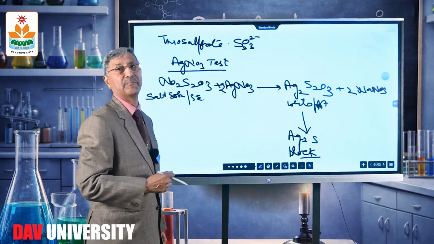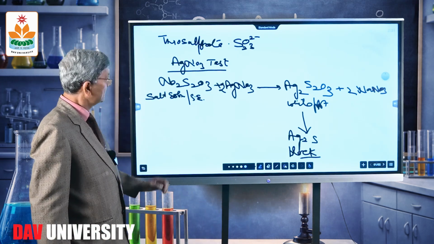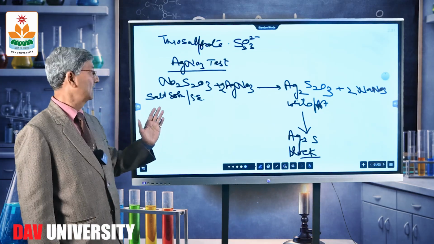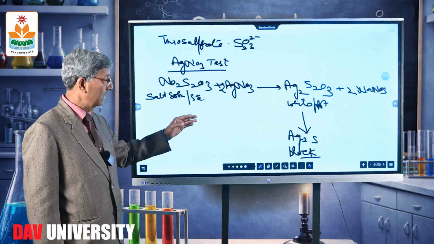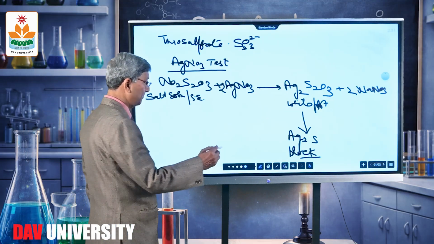So our test will be that to the soda extract containing sodium thiosulfate, of course with acetic acid treatment, we add silver nitrate solution in water, we get a white precipitate which gradually changes into yellow, orange, and finally black. So this is the silver nitrate test.